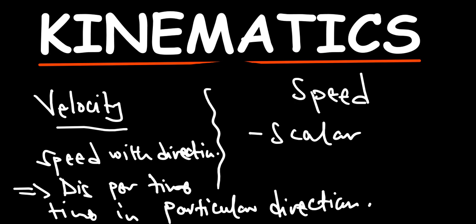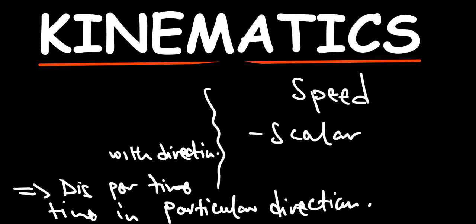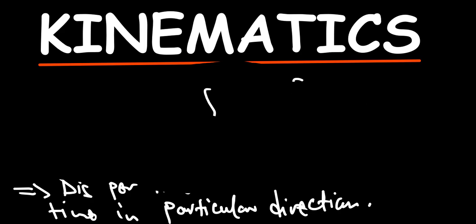The formula to find velocity is as simple as this: velocity is equal to the distance covered per unit time.